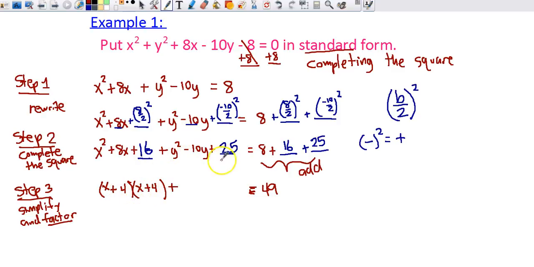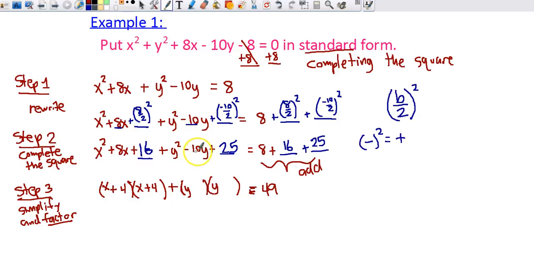Do the same thing with the y's. Now keep in mind there's a negative here, so that's going to change some signs. Think about what two numbers multiply to positive 25, yet add to negative 10. If I use 5 and 5, those will multiply to positive 25, but will positive 5 plus positive 5 add to negative 10?